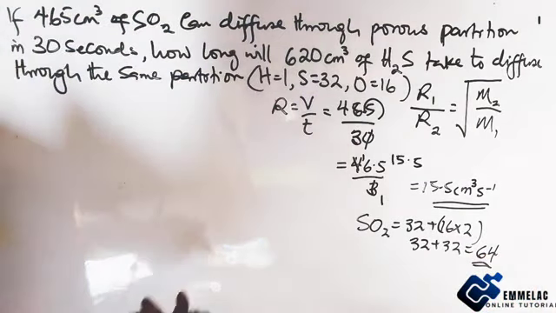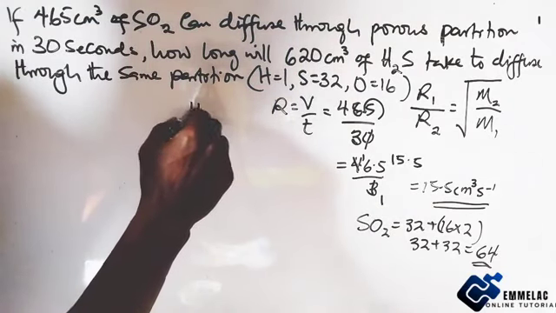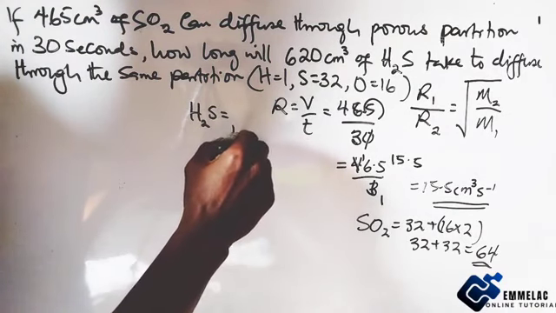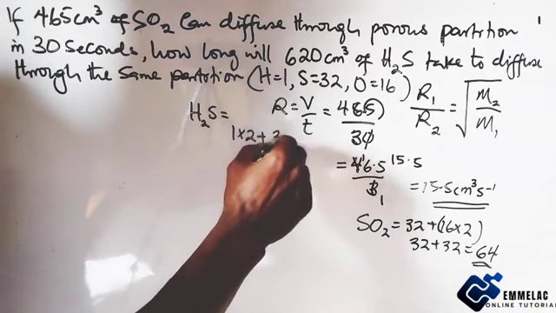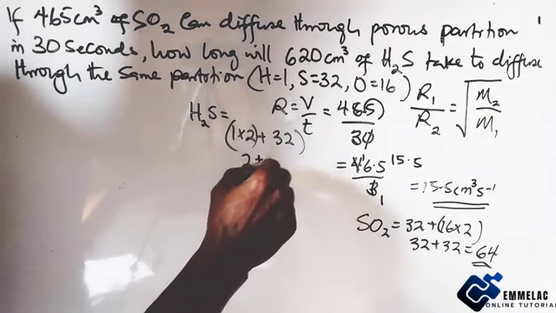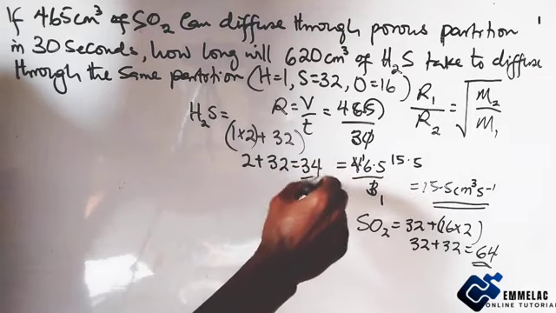And the mass of hydrogen sulfide here is 1 times 2 plus 32, so 2 plus 32, which gives us 34.